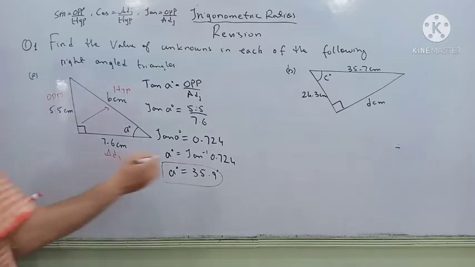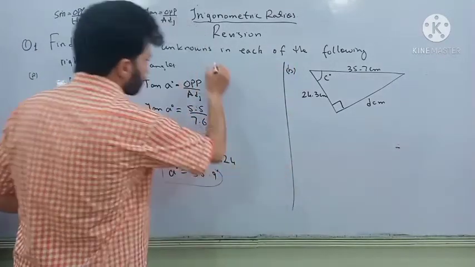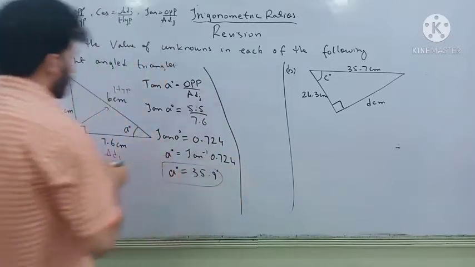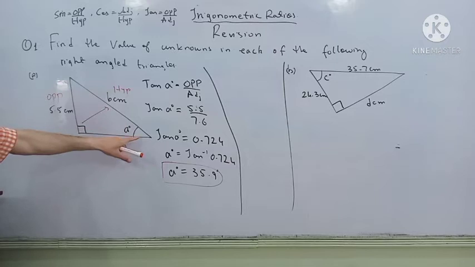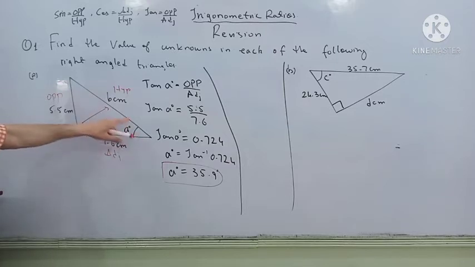So now we have to find out B now. B is the hypotenuse, right? Now we have found out the angle. We can use this angle now, right? And we can find out B, which is hypotenuse.